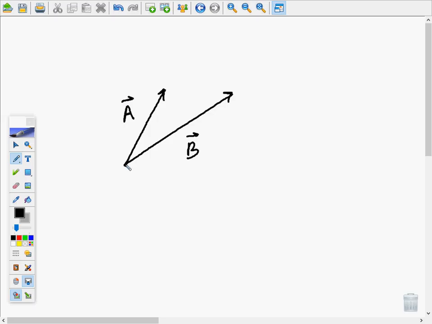So given these two vectors, our mission is to find an expression for A dot B.